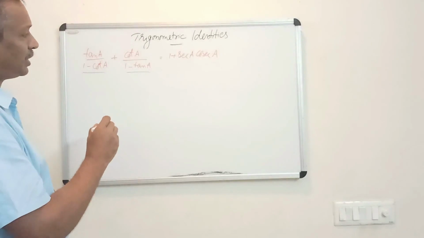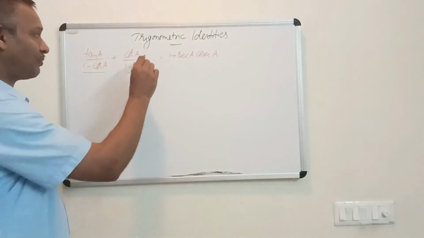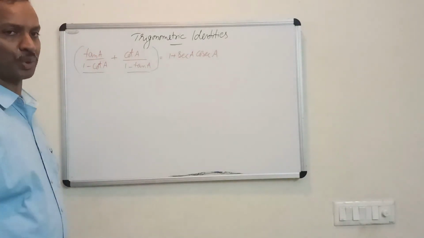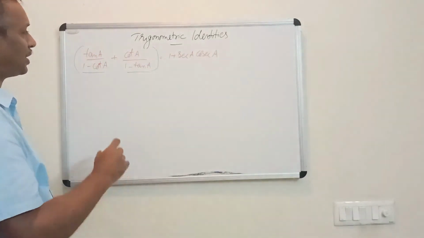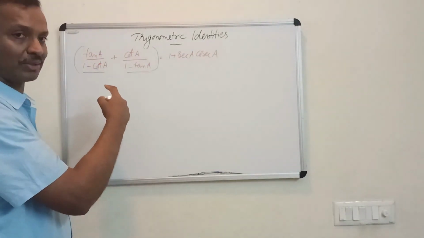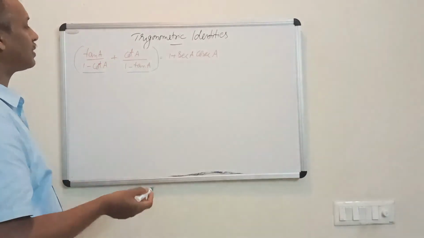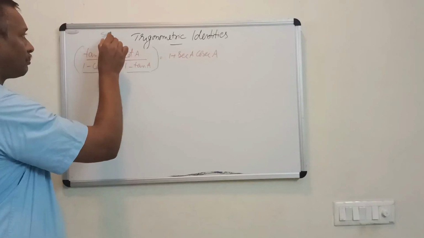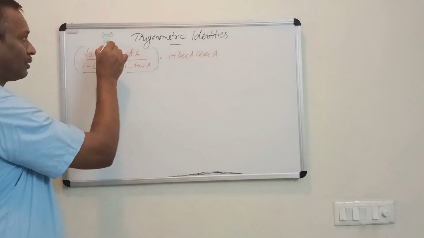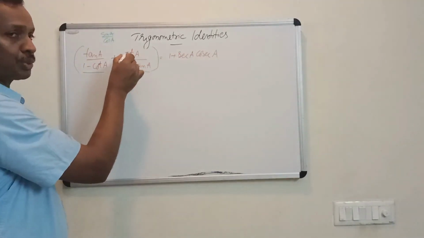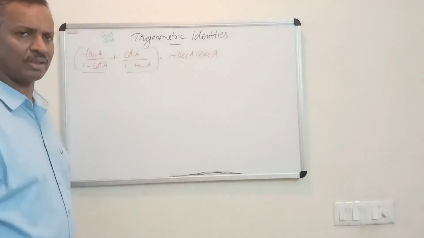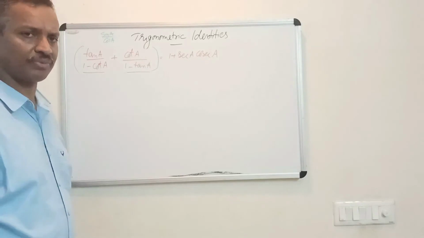One way is you change everything on the LHS to tan. The second is change everything to cot on the LHS. And the third method is change tan to sin A by cos A and cot to cos A by sin A. I am showing only one method; the other two you try yourself.